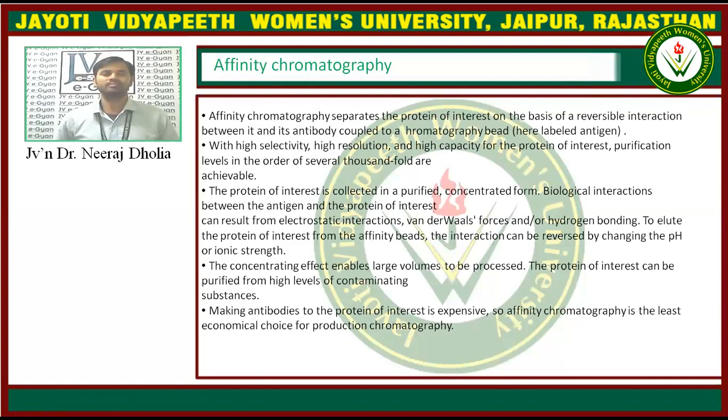What is the reversible phase? After the antibody is attached to the stationary phase, you will change the conditions. For example, you will use a solvent that changes the pH. If the pH is changed, the antibodies attached to the stationary phase will be detached and collected. That's why it is a reversible interaction.